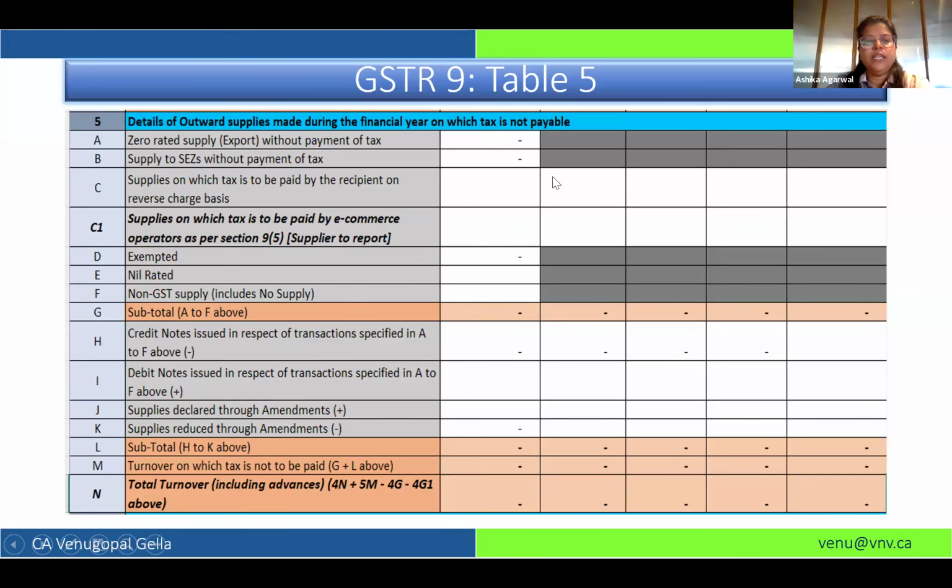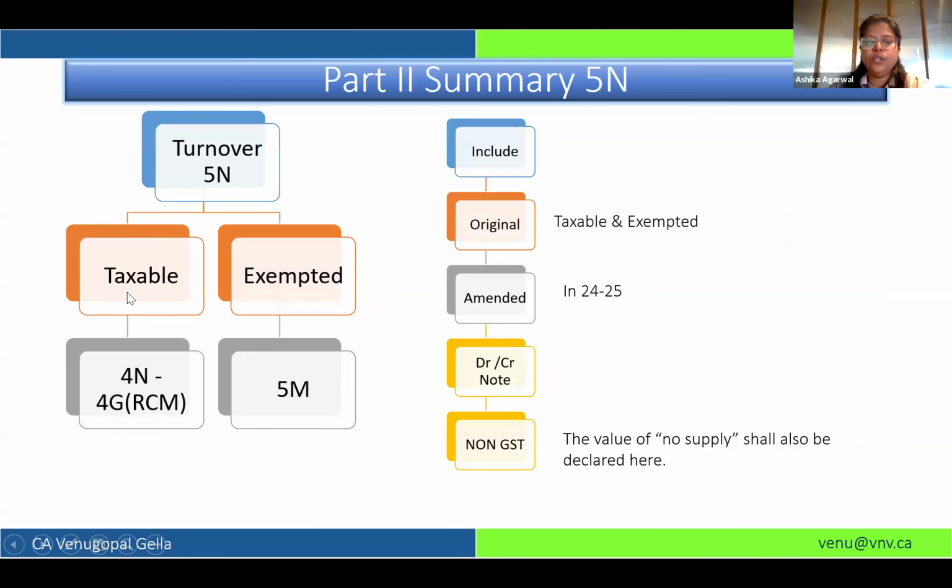This is basically a check. 5N will include your taxable turnover, but excluding RCM, and it will also include your exempted turnover. So while doing your outward, you should check that this is taken care of. It will include all original data, amendment if any done, debit, credit note, and non-GST supply. So this is for outward supply summary. So you can take it.